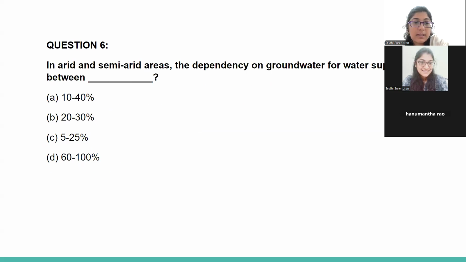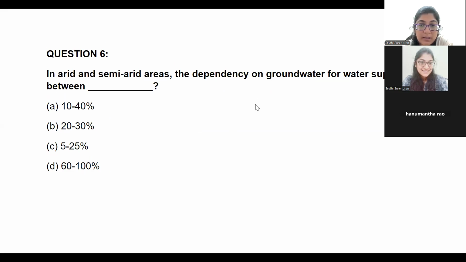Sixth question. In arid and semi-arid areas, the dependency on groundwater for water supply is between what percentage? So let me just move on to the explanation because this is a statistic. I don't think you'll be familiar unless you go through the material.